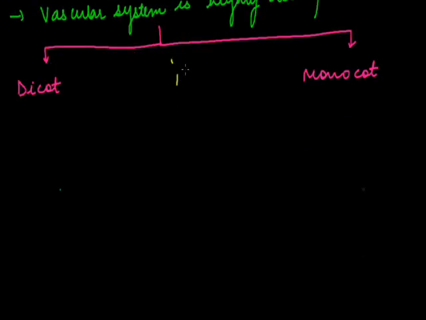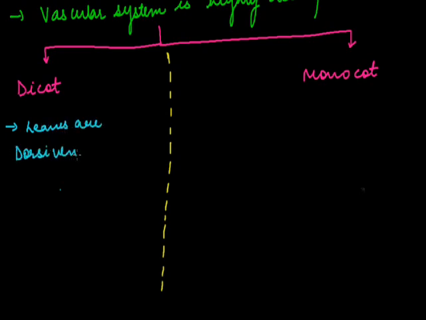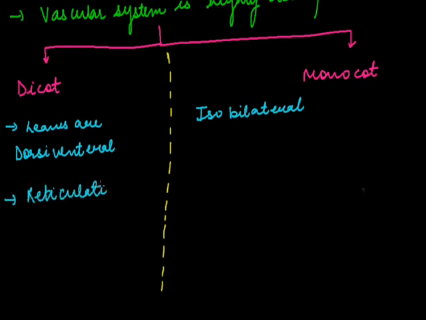The differences between the two are, in case of dicots, the leaves are dorsiventral, whereas in monocots the leaves are isobilateral. In dicots, the leaves have reticulate venation, whereas monocots have parallel venation.